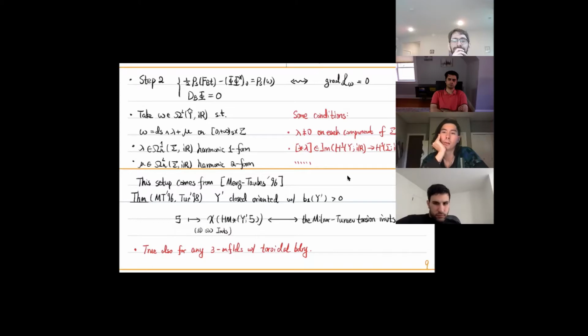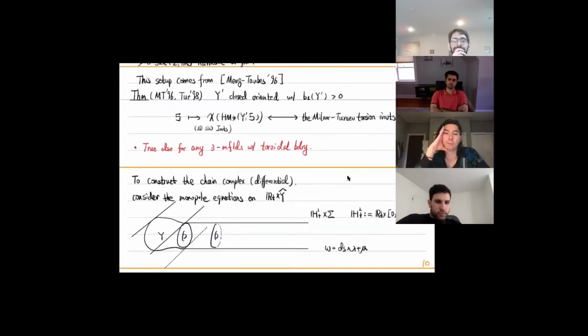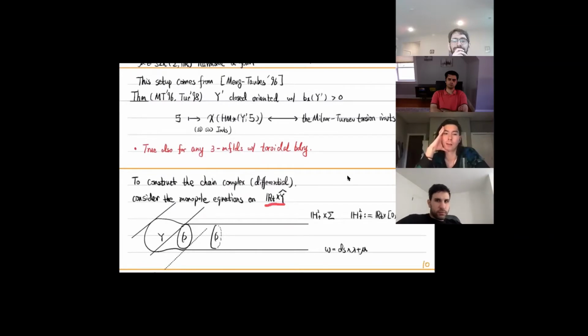But maybe we can go one step further and consider the gradient flow lines of this functional and define a Floer homology. This amounts to studying the monopole equations on this product manifold R times Y-hat. And because Y-hat is already non-compact, this product manifold is now non-compact in two directions, in the time direction and in the spatial direction. And it carries a planar end that looks like the upper half plane times sigma.